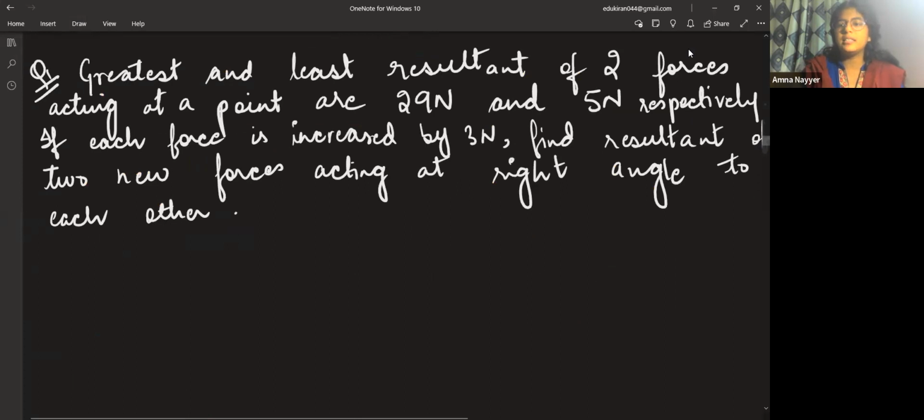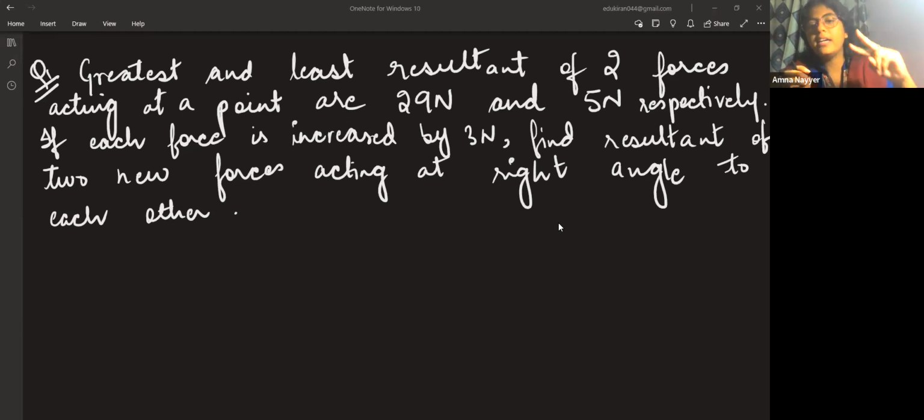Now see, this is an important question. That's why I didn't complete it yesterday, because I wanted a little time on this question. It says that the greatest and least resultant of two forces acting at a point are 29 Newton and 5 Newton respectively. Greatest resultant means the net force is totally increased.